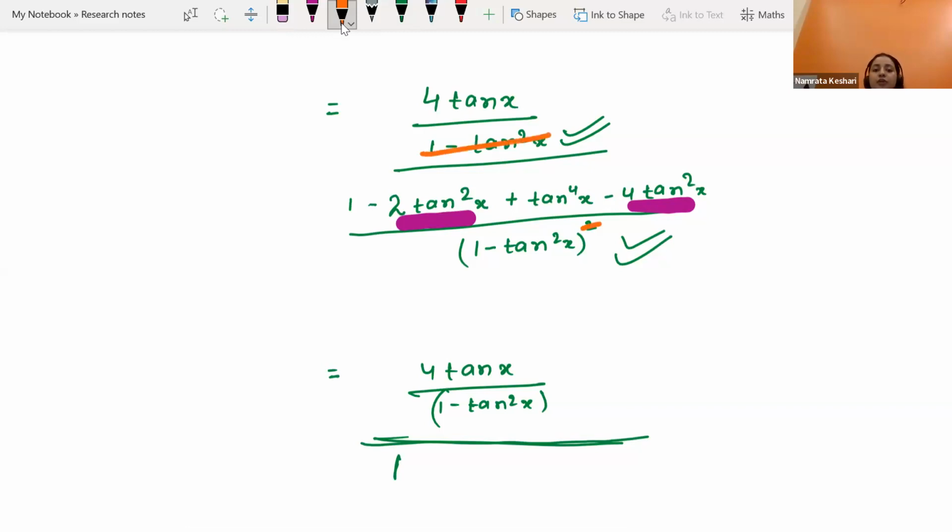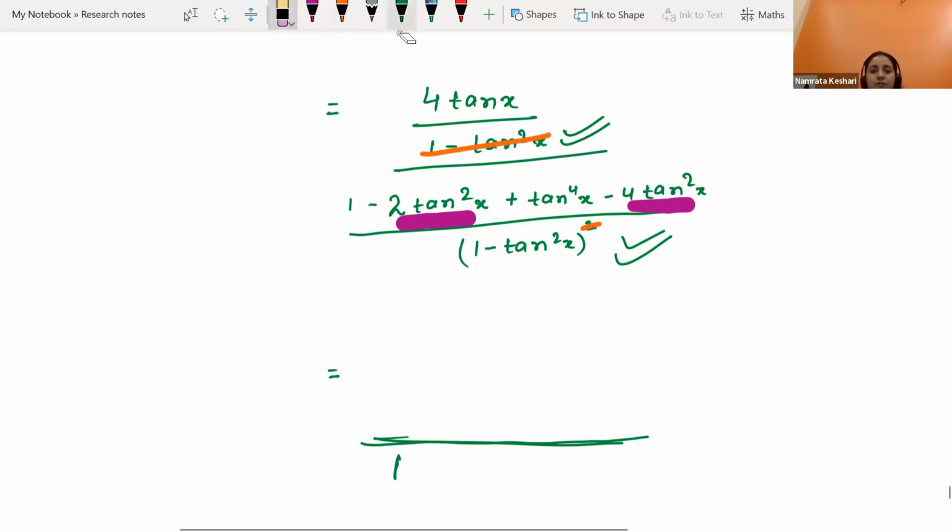If we cancel it, we are left with 4 tan x, and in the extreme bottom 1 minus tan square x is left, so can we take it in the top? Yes, ma'am.